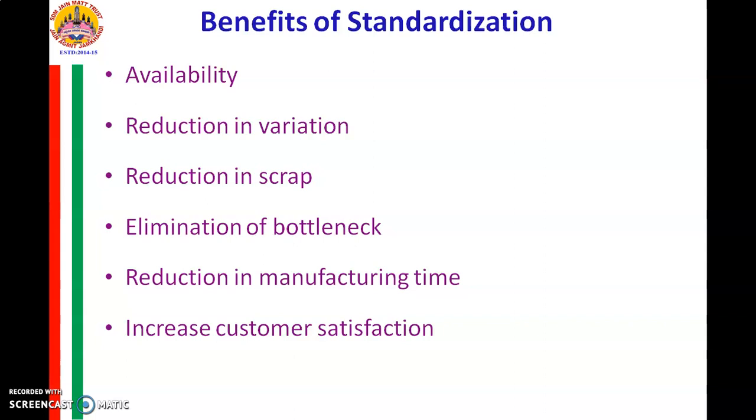Now if the manufacturing time is reduced, then the delivery to the customer will be at the given time or date only. The customer can get the product when he needs it. Hence once the manufacturing time is reduced, delivery will be easier and customer satisfaction will be achieved with the help of standardization.